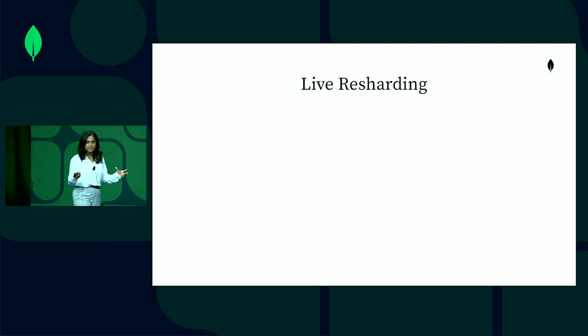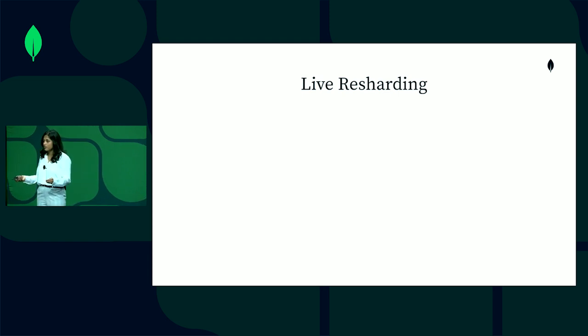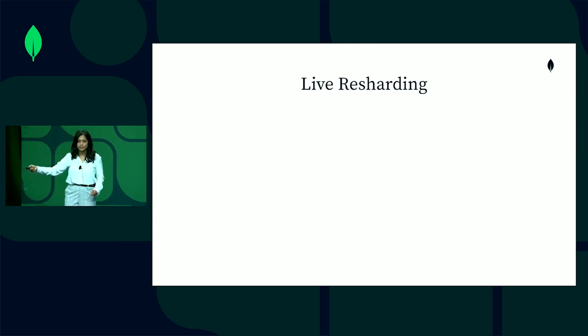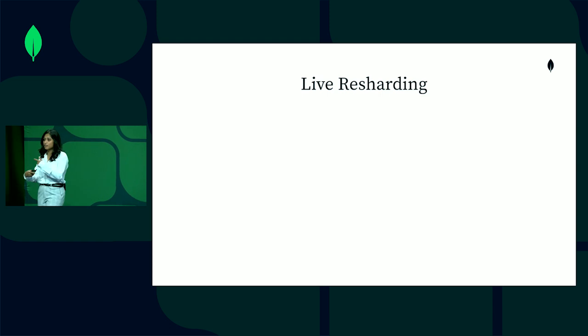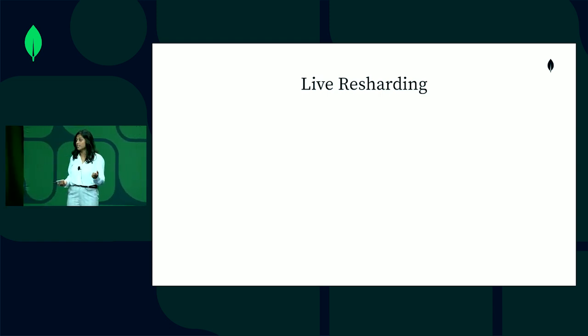With all the other databases out there, or even with MongoDB before 5.0, people used to be really scared to shard. Because as you can imagine, we went through this exercise, but since we are building apps that evolve all the time, there are new things that come up, and a shard key may not always stick.